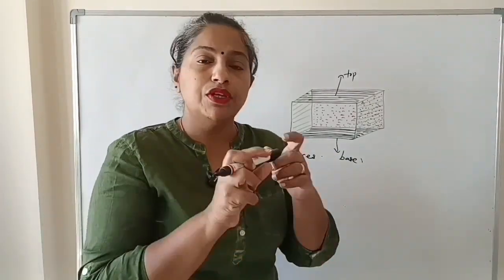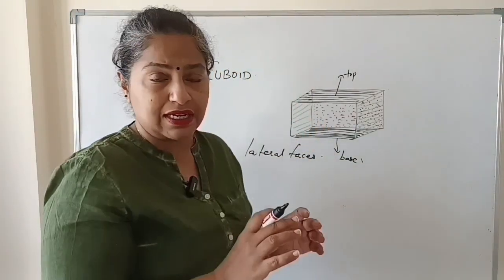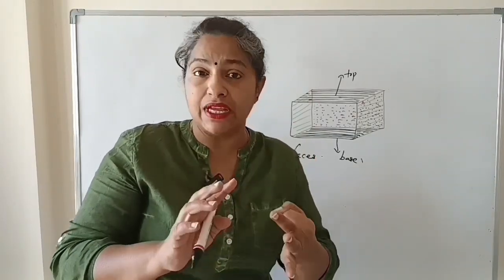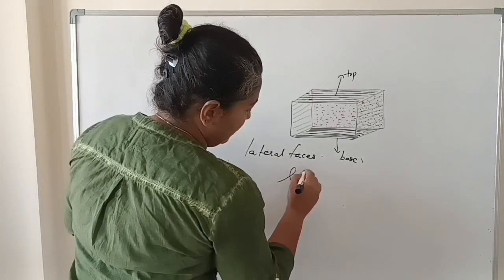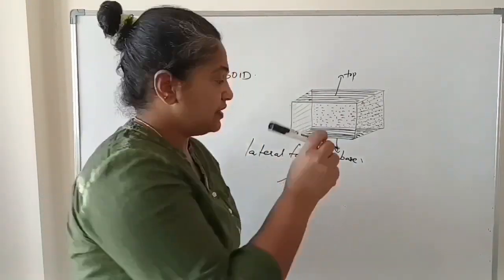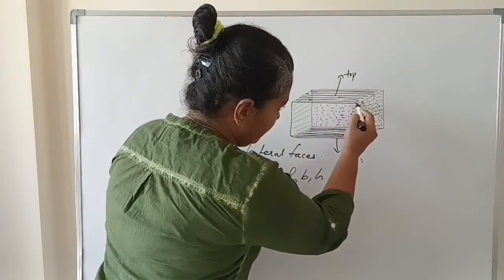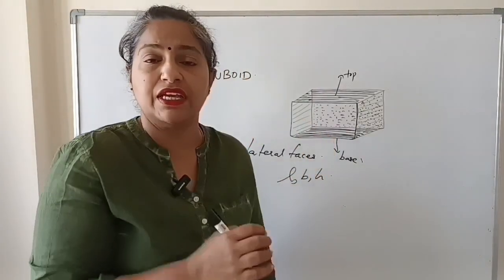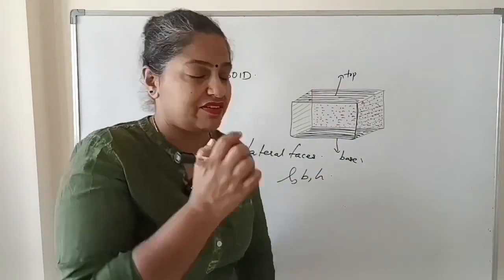Okay. Now you can see that since all the faces are rectangles, the cuboid has got a length, a breadth and a depth or a height. So it has got a length, a breadth and a height. And 2 faces meet together and form a line over here which is called the edge.